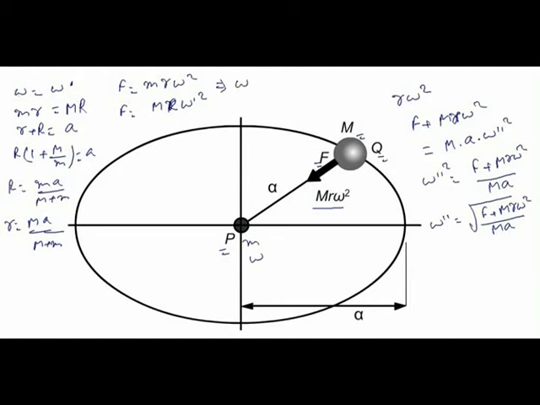So from here omega square was equal to capital F by m r, or omega was equal to root under capital F by m r.